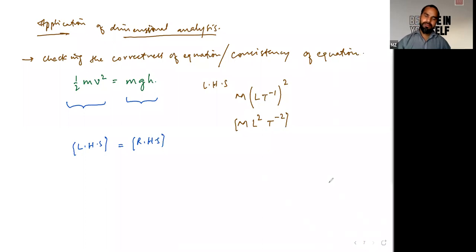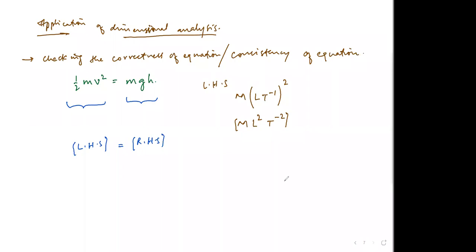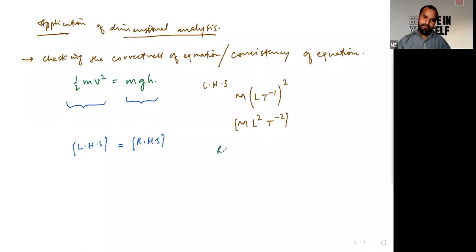Okay, Nida, you forgot to write this particular exponent. Similarly for the right-hand side, RHS. Good, Savita. Try to find the dimension for the right-hand side, and they should be equal. Just check.